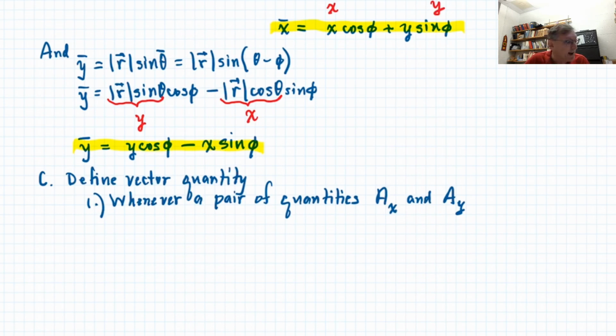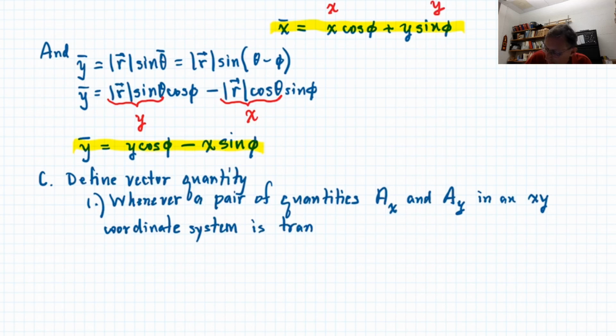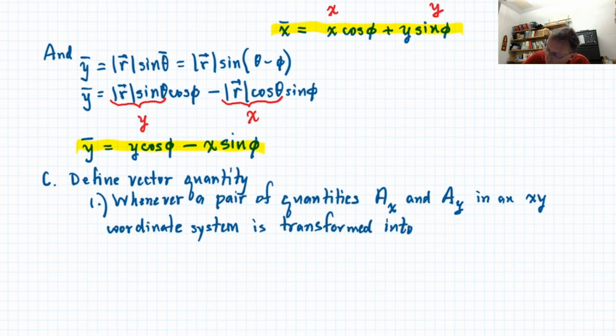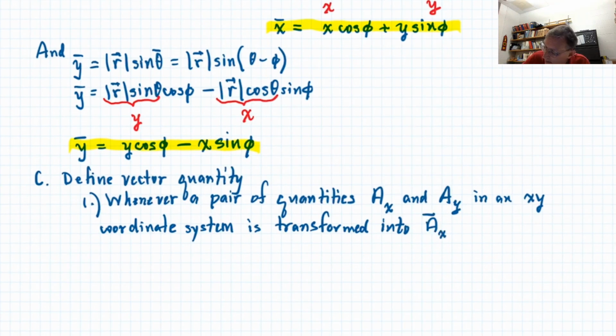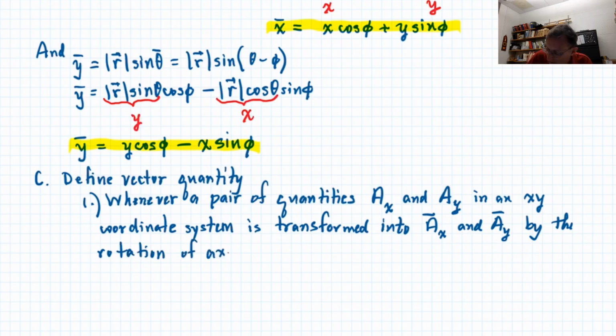So we have a pair of quantities labeled Ax and Ay in an xy coordinate system that is transformed into new quantities, which I'm going to label Ax bar and Ay bar, by the rotation of axes just described.